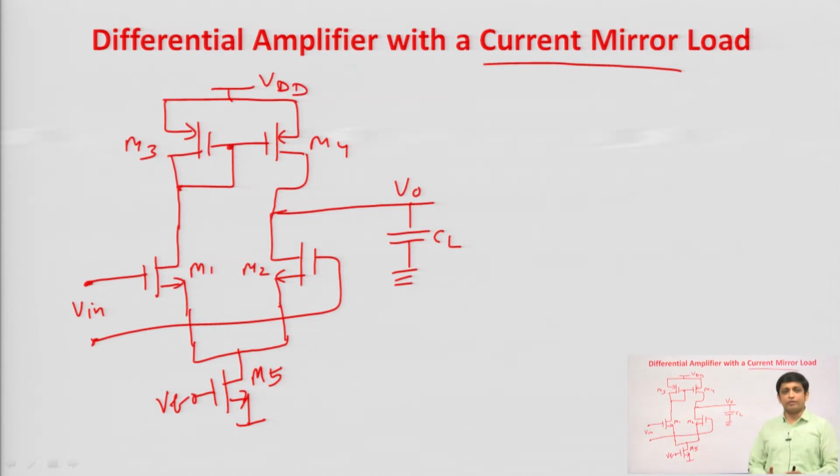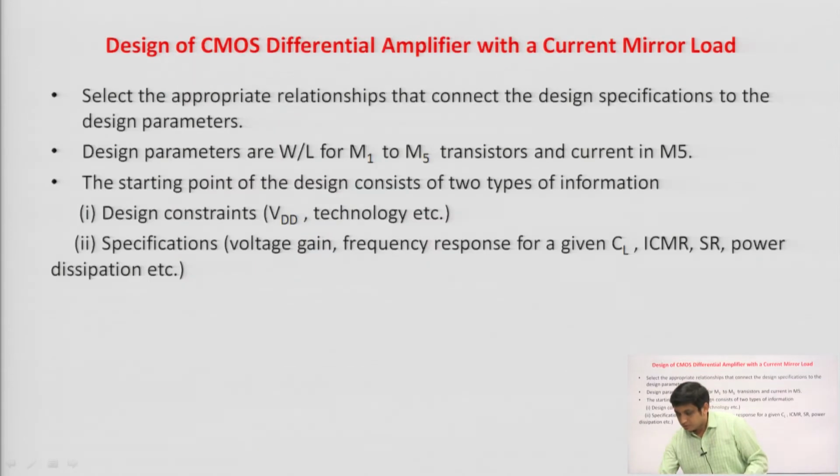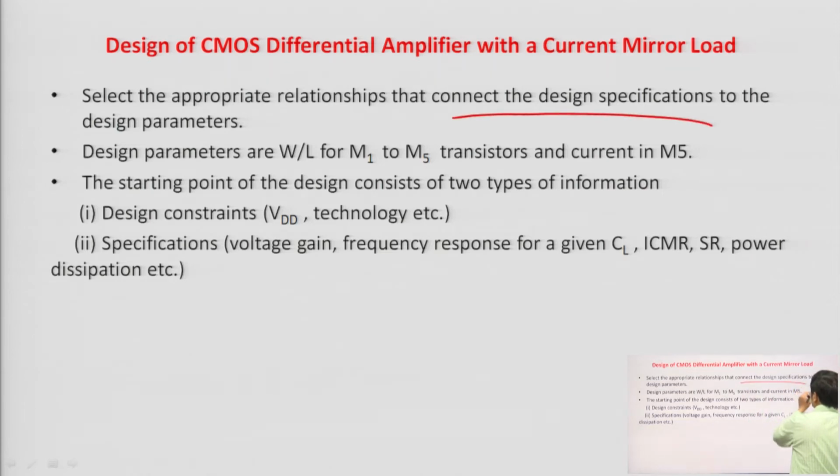Whenever we have to design the differential amplifier, we design it for particular specifications. So, those specifications should be given, or we assume some specifications, because we need some specification for which we design a particular amplifier. Basically we firstly have to select the appropriate relationships that connect the design specifications to the design parameters.